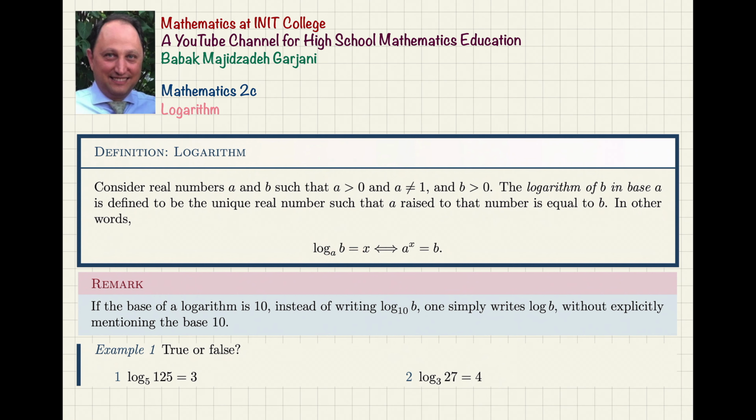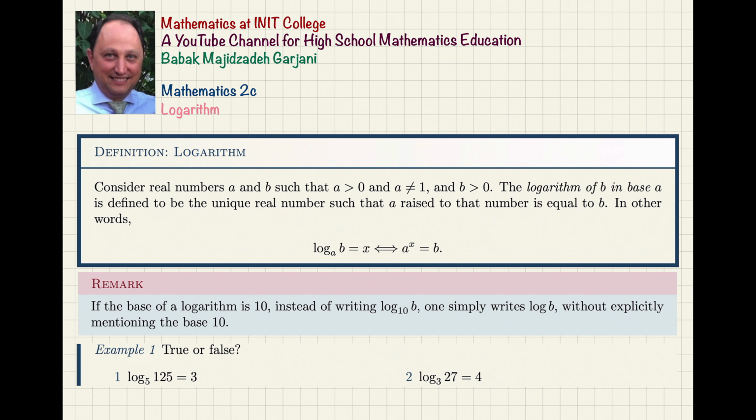If I ask you what this logarithm is, you would say it is that number x such that when I raise a to that power, it becomes b. That's the meaning of logarithm, and it is extremely important to know this equivalency by heart.